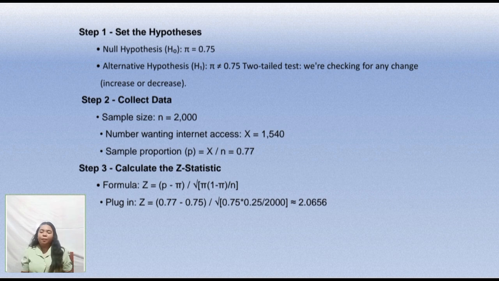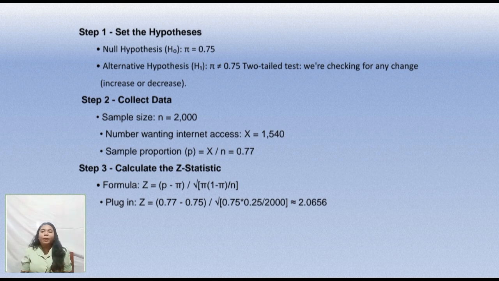The next step is step 3. The goal of step 3 is to calculate a z-score, which tells us how far our sample result, the 0.77, is from the hypothesized population proportion, the 0.75, in terms of standard errors, where the sample proportion is 0.77, the hypothesized population proportion is 0.75, and our sample size is 2,000.